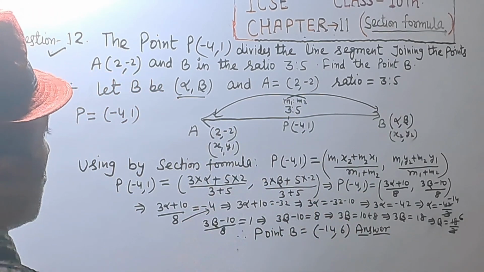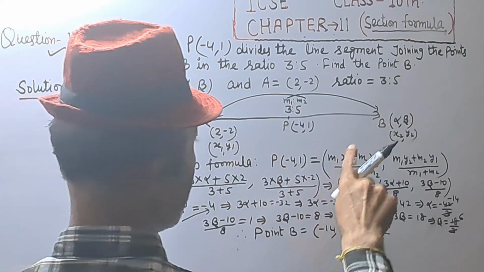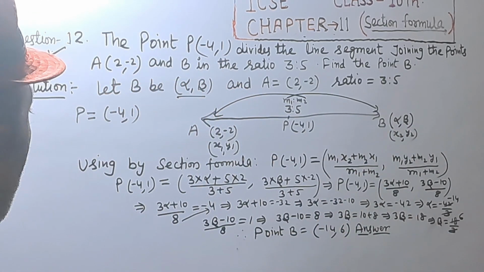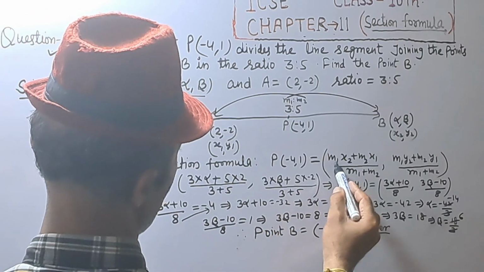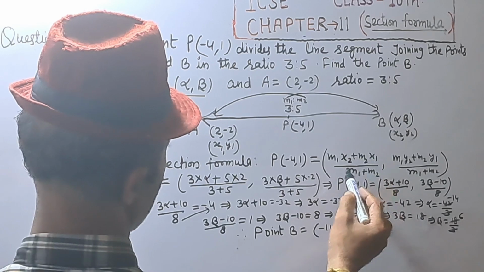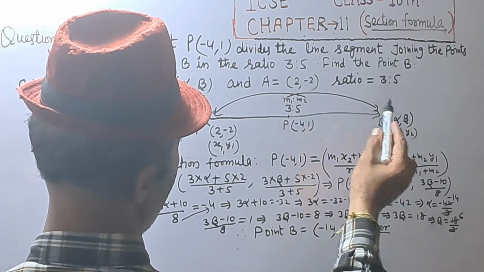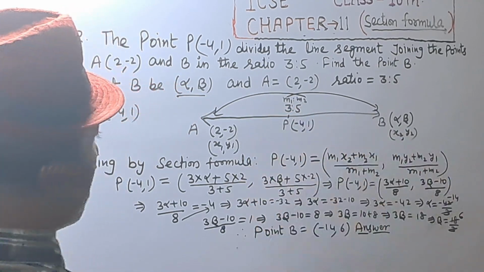A point is (2, -2), and we find the coordinates of B, that is (alpha, beta), and we are using the section formula, that is (m1x2 plus m2x1)/(m1 plus m2), (m1y2 plus m2y1)/(m1 plus m2).